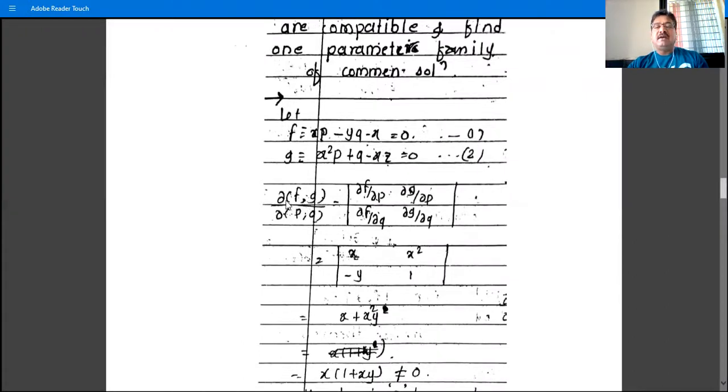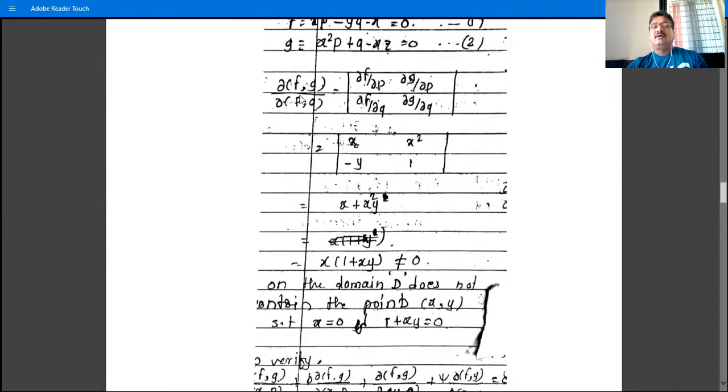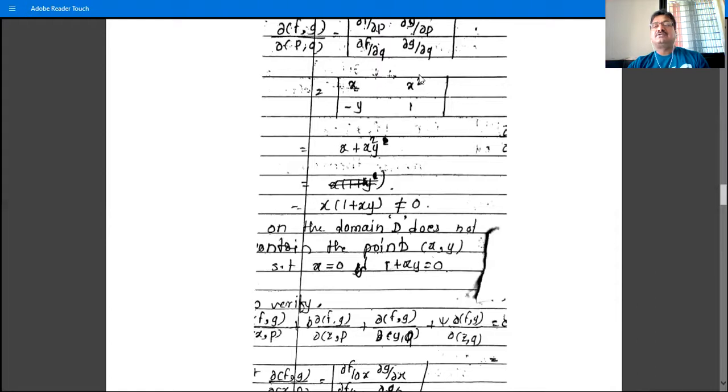Now we will find ∂(f,g)/∂(p,q), the Jacobian determinant, which is ∂f/∂p, ∂f/∂q in the first row and ∂g/∂p, ∂g/∂q in the second row.